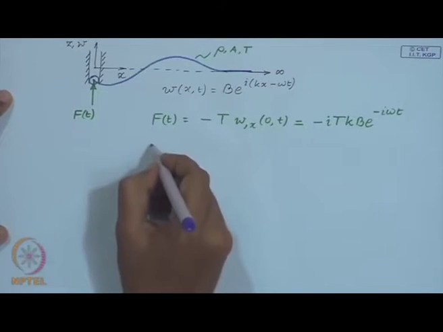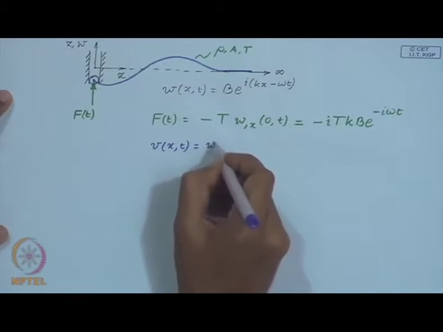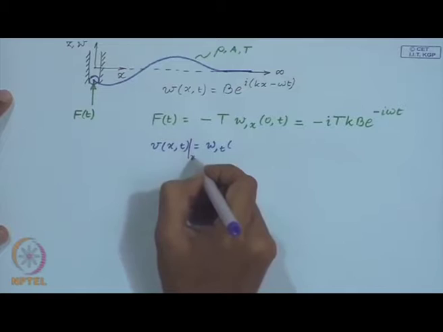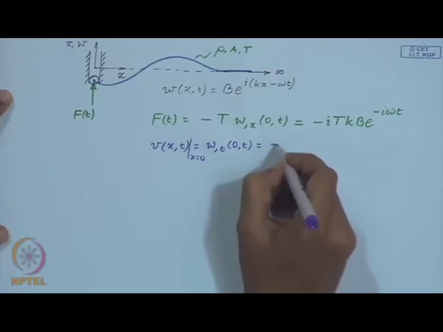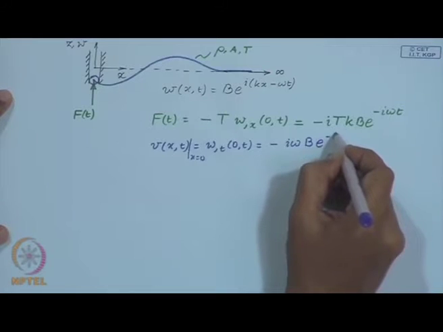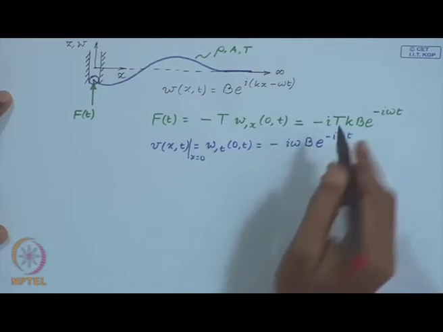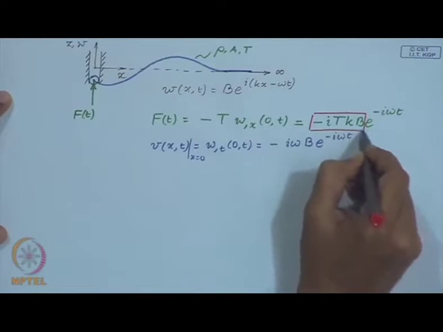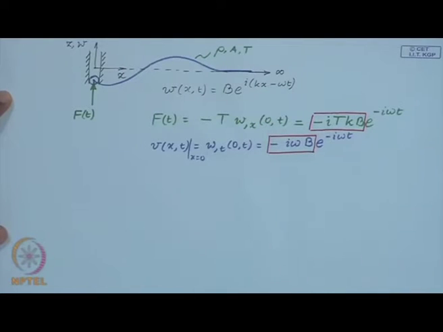Now, the velocity at x equal to 0 is given by this. So, the complex force amplitude is this part and the complex velocity amplitude is this.